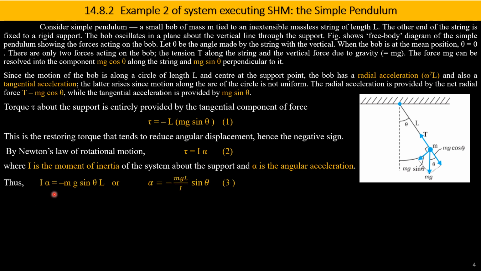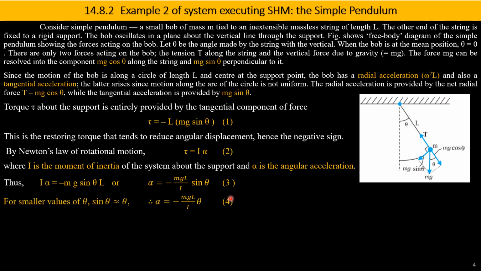Therefore, I alpha is equal to minus mg sin theta into L, that is, equating equation 2 and 1 and eliminating tau, we get I into alpha is equal to minus mg into sin theta into L. That is, the angular acceleration alpha is equal to minus mgL divided by I into sin theta.